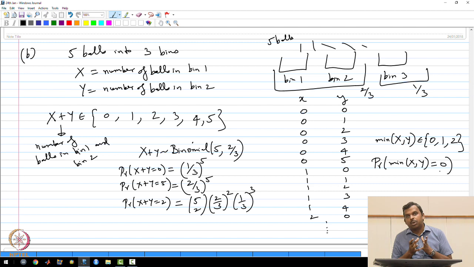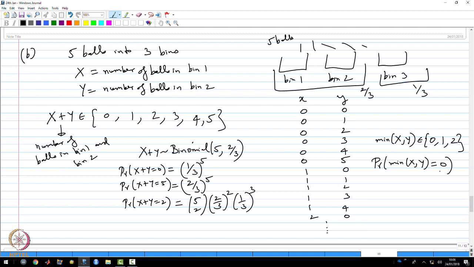So I have to worry about the probability that x is 0, which you will be able to compute, and then the probability that y is 0, and then I have to subtract the case in which both of them were 0, so that I get the count of min of xy being 0. So this would be the probability of x equals 0 plus the probability that y equals 0. But there's a case in which both of these could have happened, so I have to subtract the case where x is 0 and y is 0.